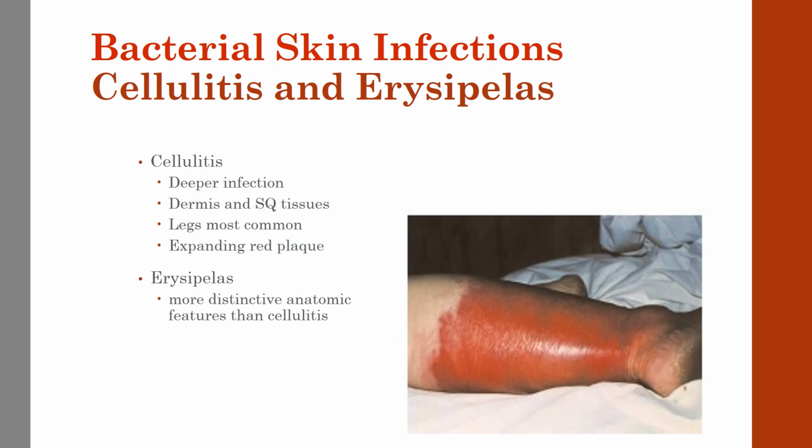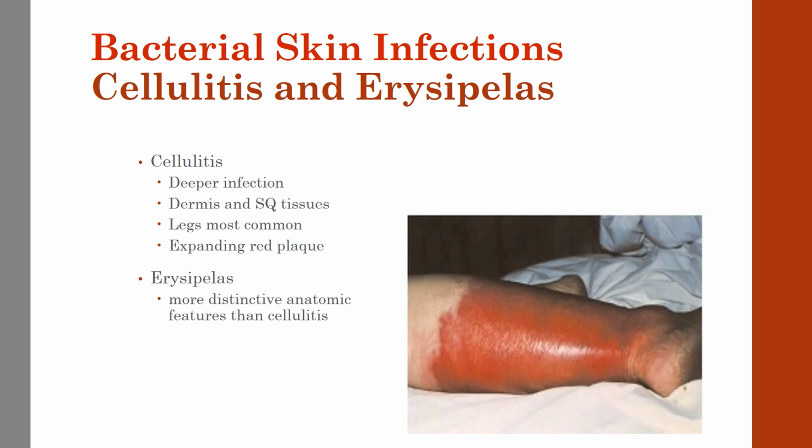Okay, so cellulitis will be deeper, dermis and subcutis. Most of the time legs, and it's basically a red plaque. Sometimes even with advanced cases you can see that distinct border, but they will still diagnose it as cellulitis because it's more colloquially accepted.